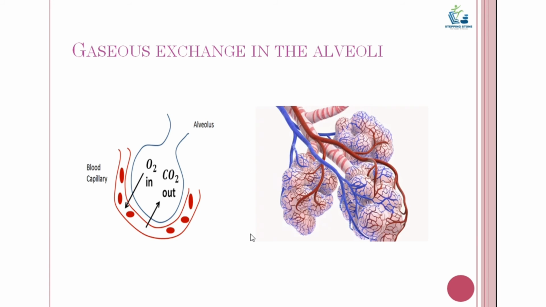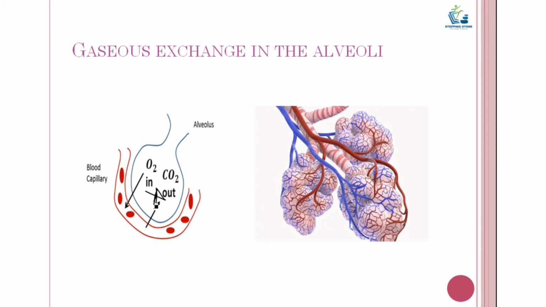Now what happens? Since the alveoli are filled with oxygen, they have a high concentration of oxygen, whereas the blood capillary has a low concentration of oxygen. Since the concentration of oxygen is higher in the alveoli, oxygen diffuses from the alveolus into the blood capillary.